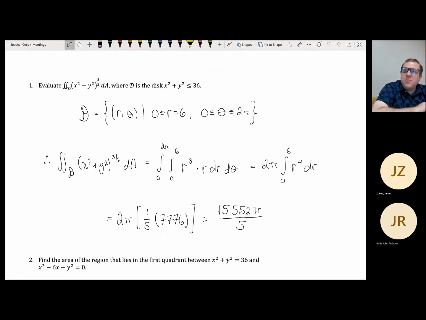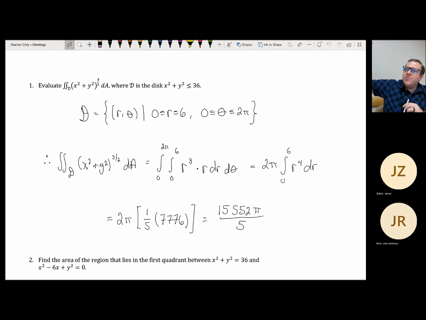So we're the disk x squared plus y squared less than or equal to 36, right? So since r is the distance from the origin to any point in the region, obviously 0 is the smallest r can ever be, right? That'd be if you're at the origin. Well, how does the radius change over that disk? Remember, you're inside the disk.